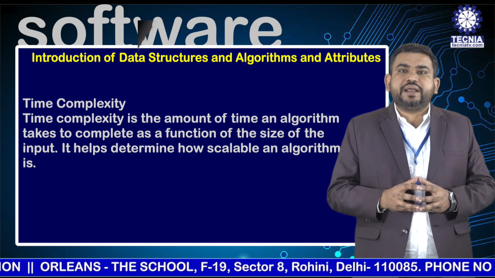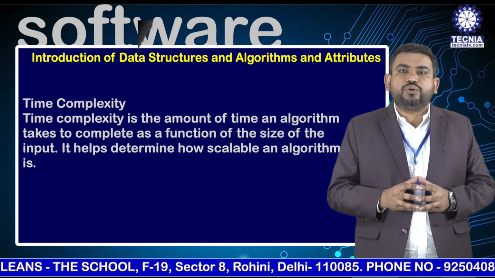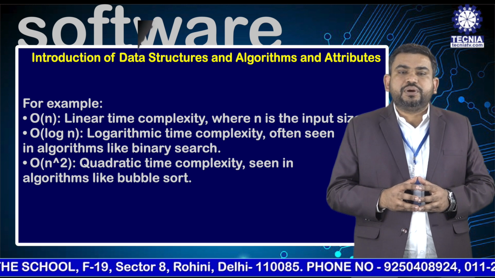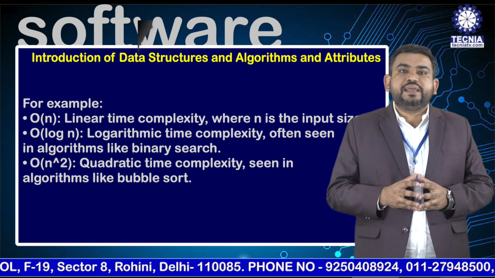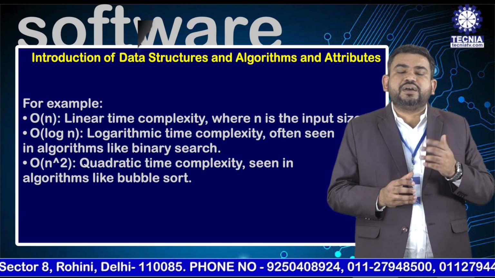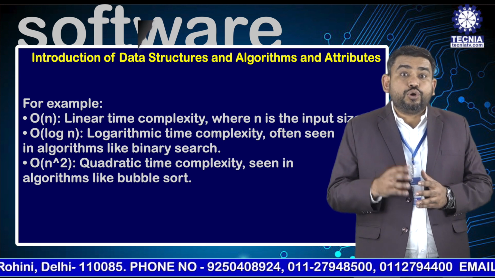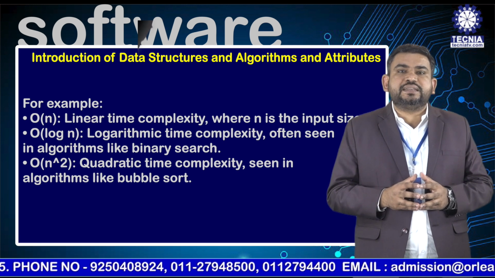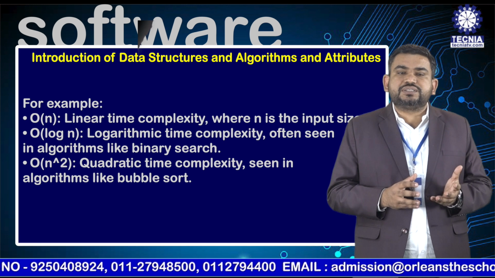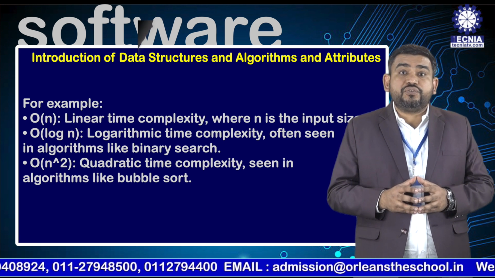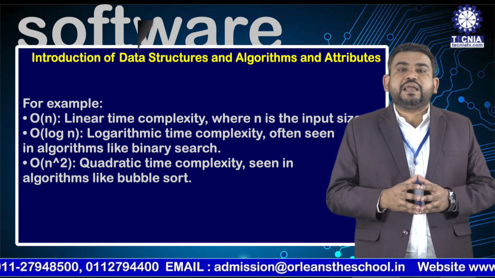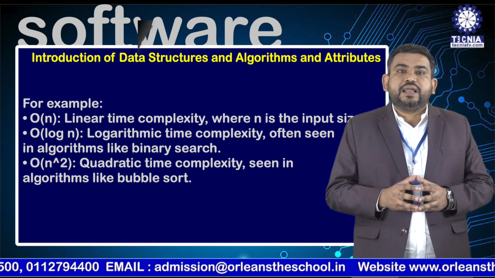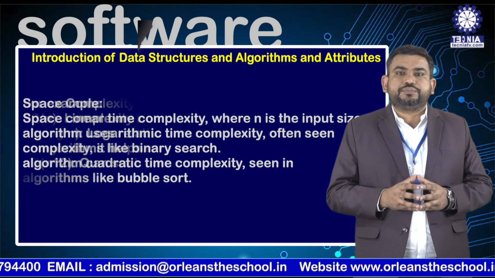It helps determine how scalable an algorithm is. For example, O(n), linear time complexity where n is the input size. O(log n), logarithmic time complexity often seen in algorithms like binary search. O(n²), quadratic time complexity seen in algorithms like bubble sort.